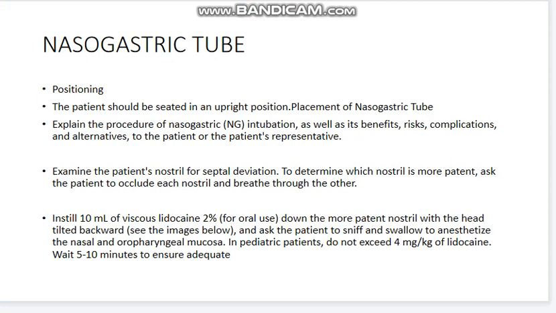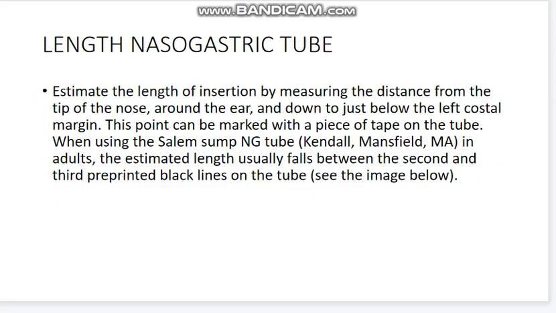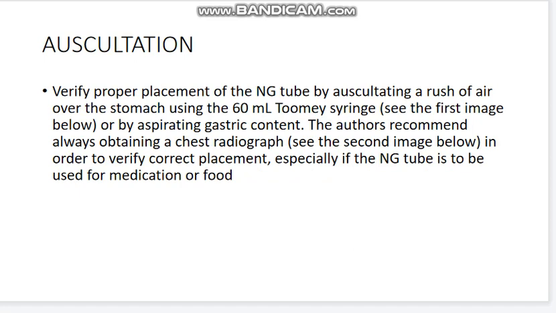Positioning is the essential part for the success of nasogastric tube placement. Explain to the patient the benefit, risk, and complications. Measure how much of the tube will be introduced, and verify the proper placement of the NG tube by auscultating the rush of air over the stomach using a 60 ml syringe.